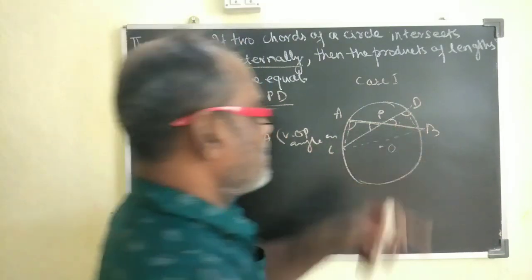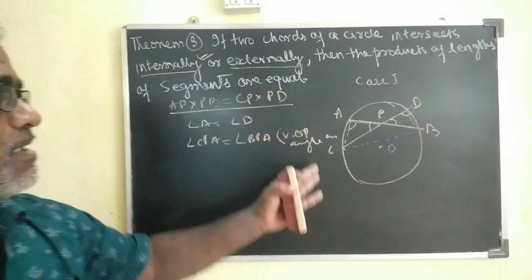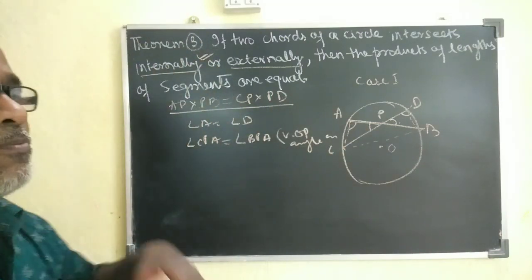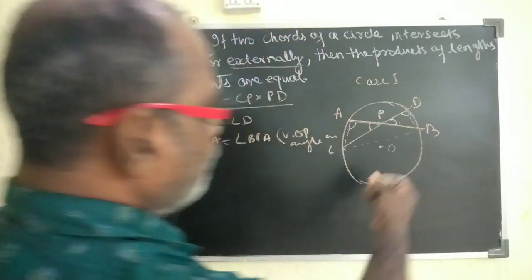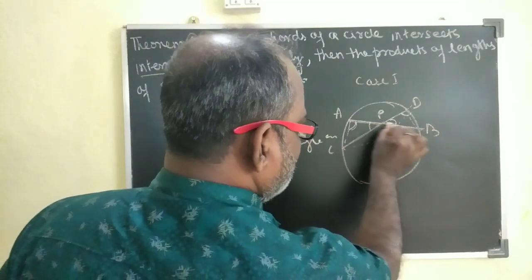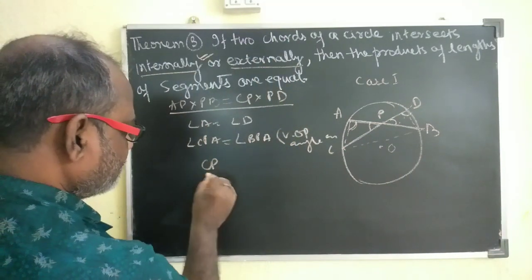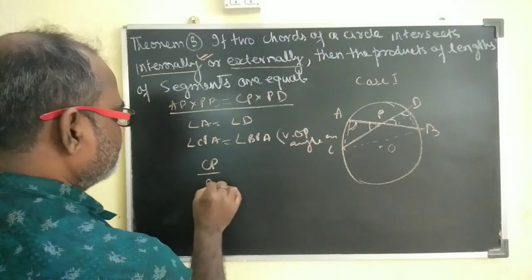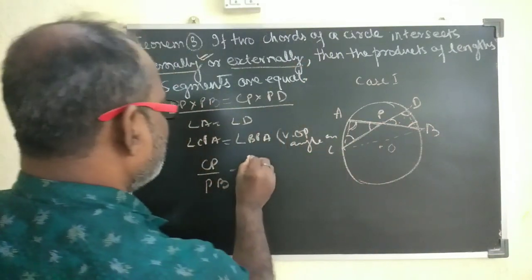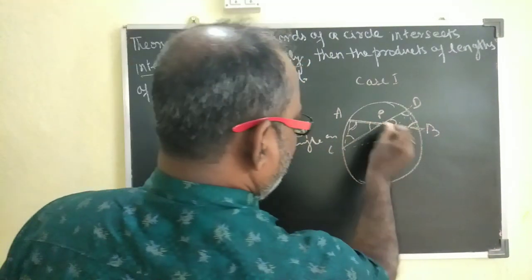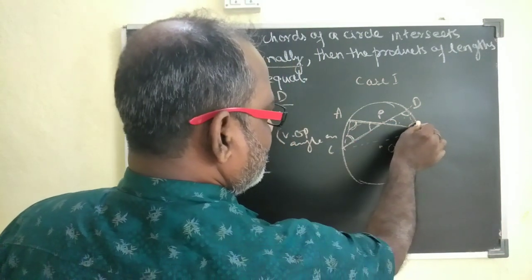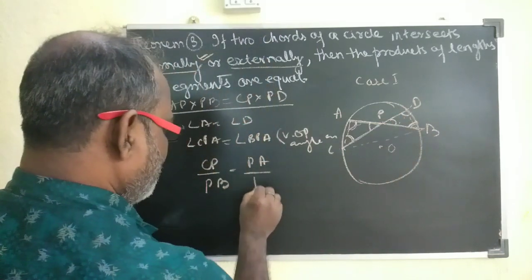Since the two triangles are similar, from the similarity of triangles we learned in previous chapters, the corresponding sides are proportional. This angle corresponds to this angle, so CP by PB, and similarly PA by PD.